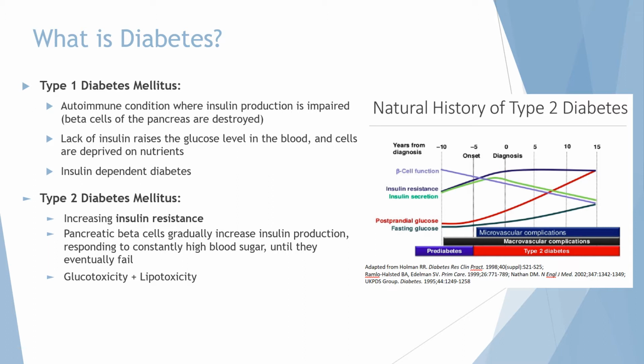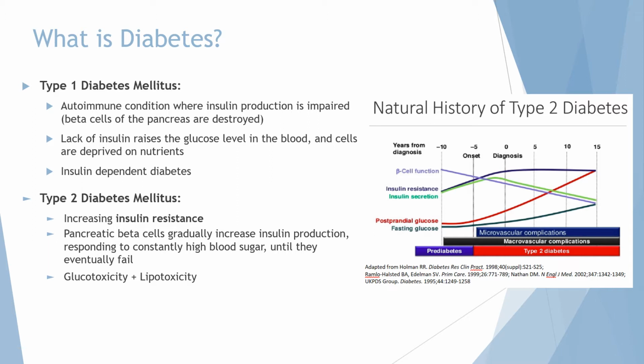This is known as insulin resistance, and sensing the constantly high level of glucose in the bloodstream, the pancreatic beta cells are stimulated to gradually work harder and harder. But compared to their efforts, the glucose levels will remain high in the bloodstream.